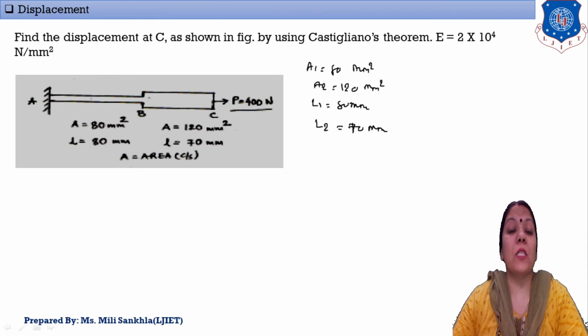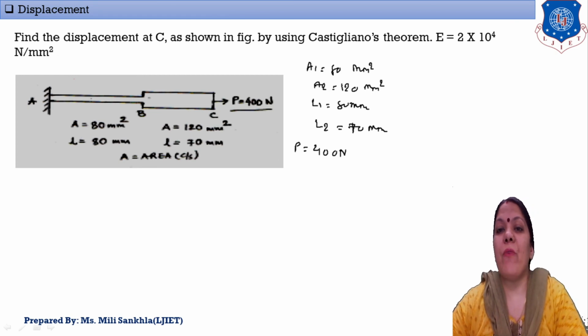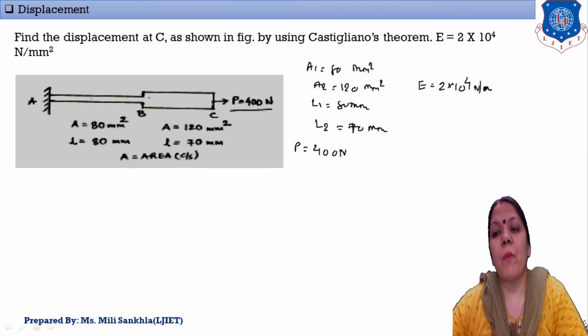In these two bars the first and second areas are different, but the common thing is our actual load P, which is equal to 400 Newton. The horizontal load is represented as the actual load. The Young's modulus is given as E equal to 2 into 10 raised to 4 Newton per mm square.